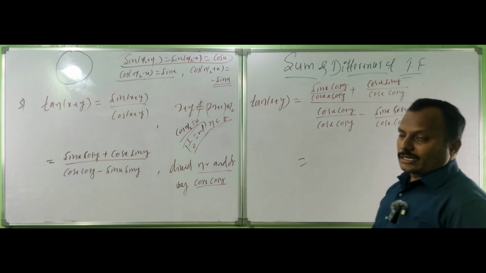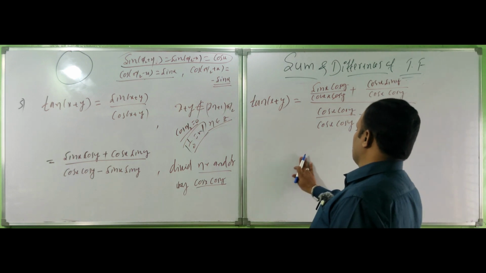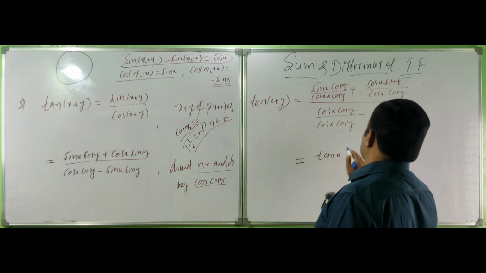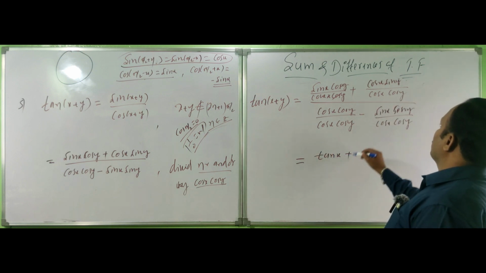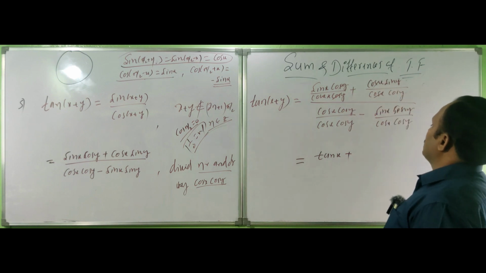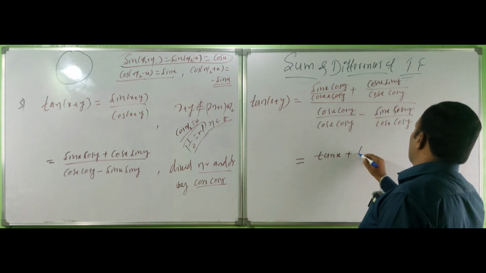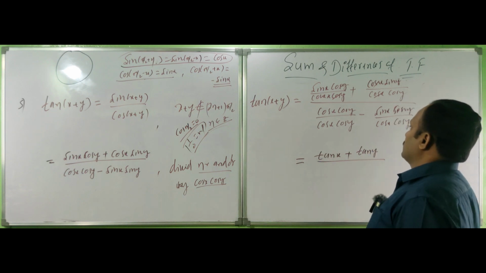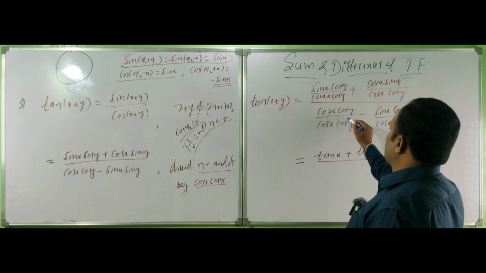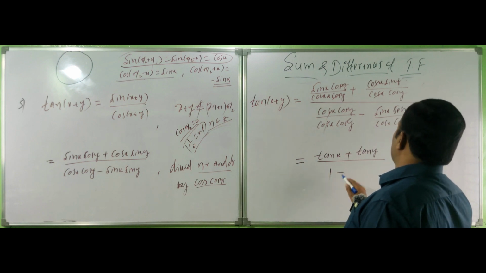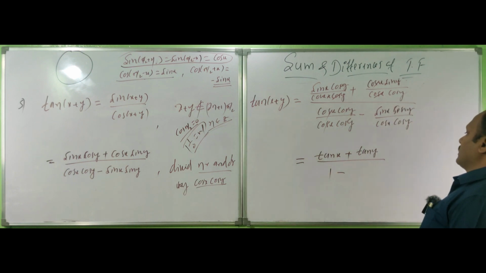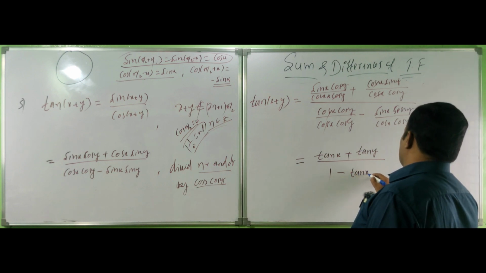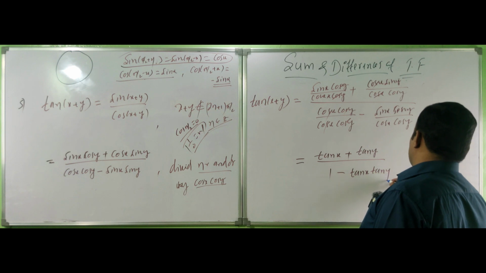sin x by cos x gives tan x. Cos x gets cancelled, and sin y by cos y gives tan y. In the denominator, cos x cos y gets cancelled, leaving 1, and sin x by cos x, sin y by cos y gives tan x tan y.